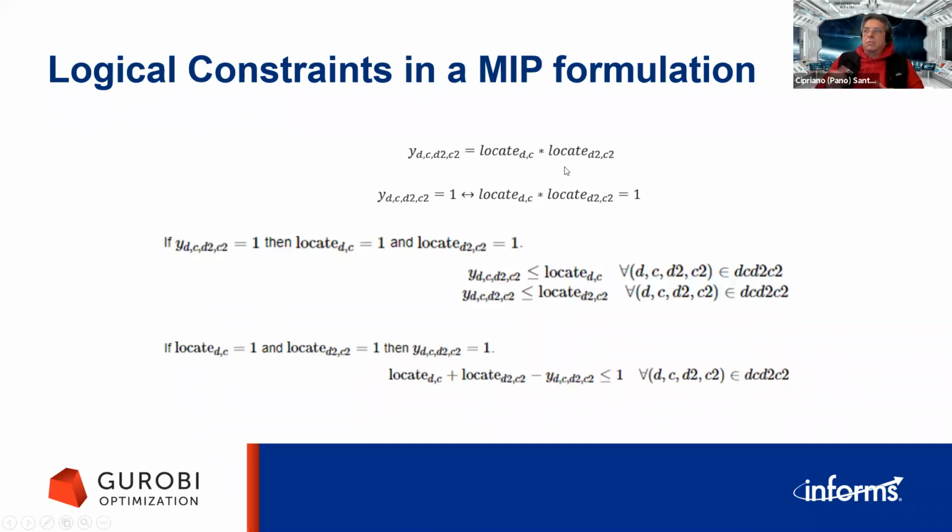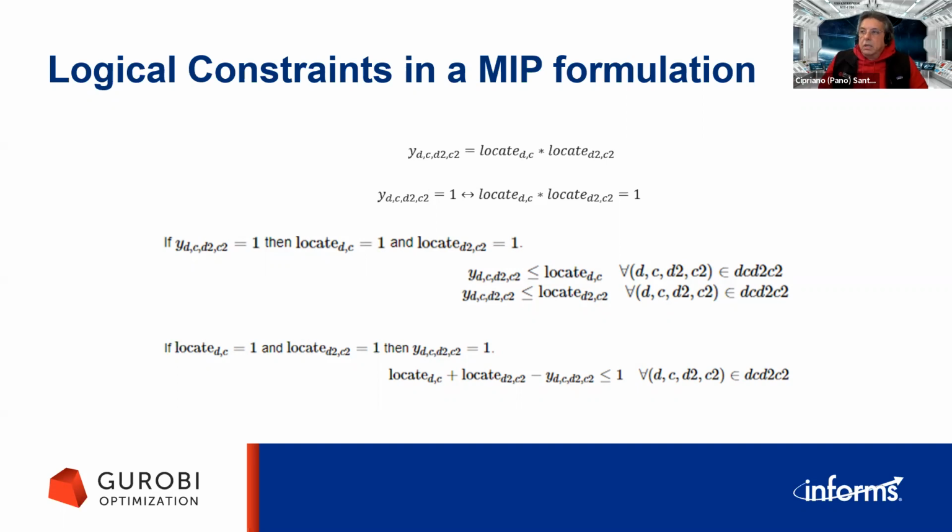And in this particular model, these binary variables are the location. Where do you locate each department, at which city? So this Y variable is going to be equal to 1 when the product of these variables is equal to 1. And then you can add constraints to really make sure that this logical constraint of if and only if happens. And these are classical constraints that you use to linearize quadratic problems.